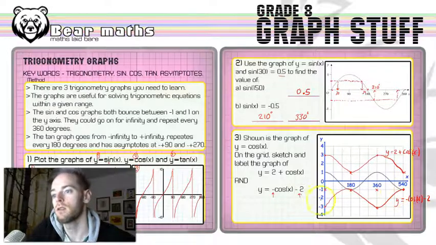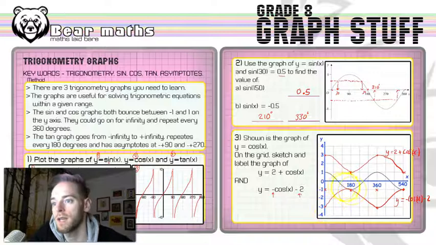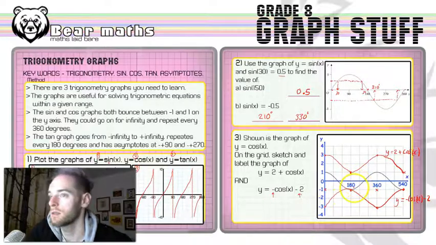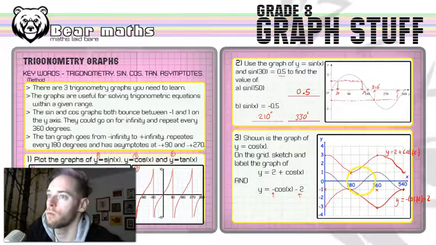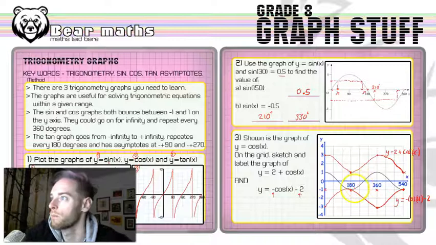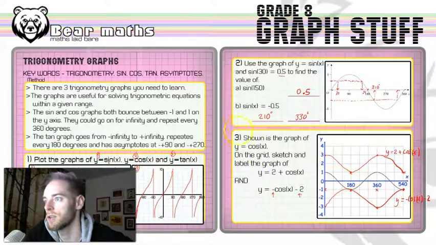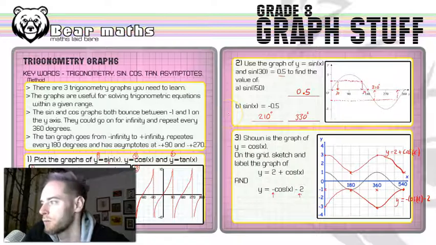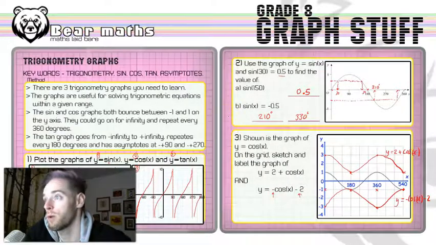So there you go, 2 things happened to the graph. We flipped it in the x-axis, and then we moved it down by 2 units. That should all make sense because you would have watched the last video, I'm sure. Very diligent students watching every single thing that I am creating for you, because it will help you, I think.